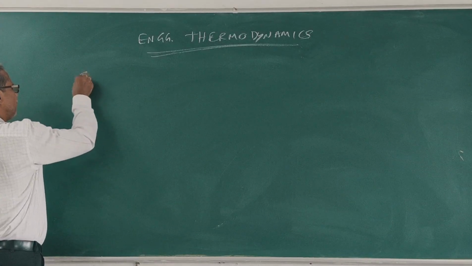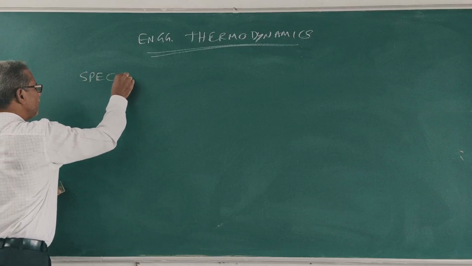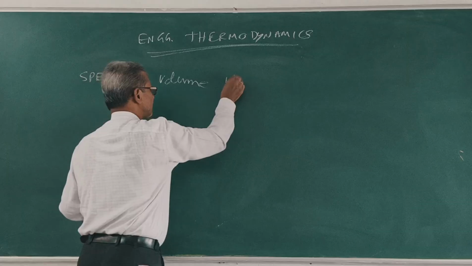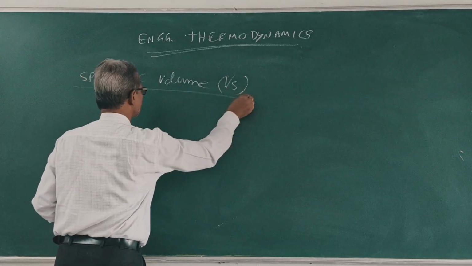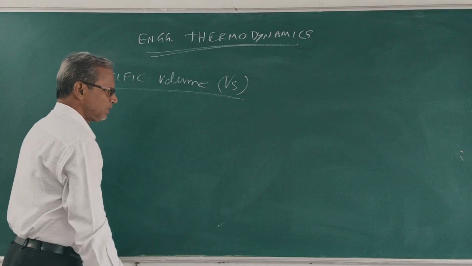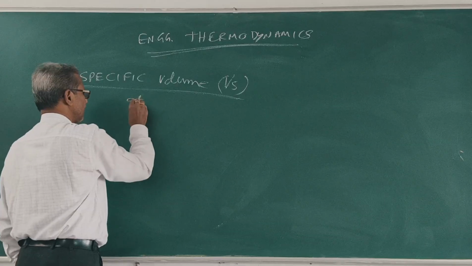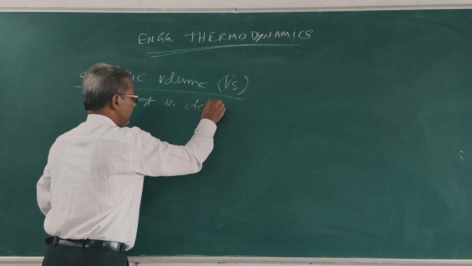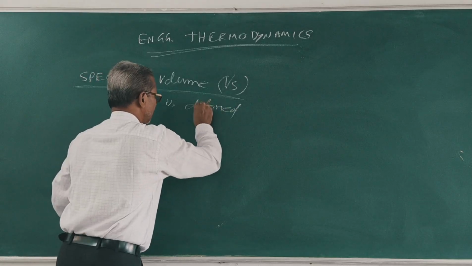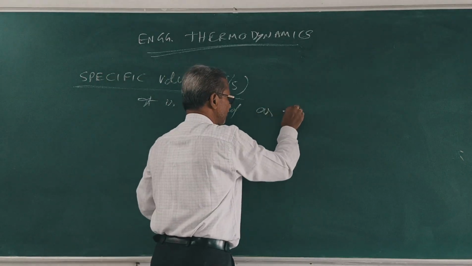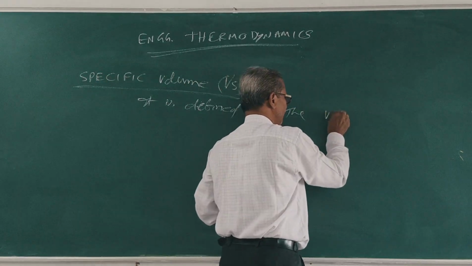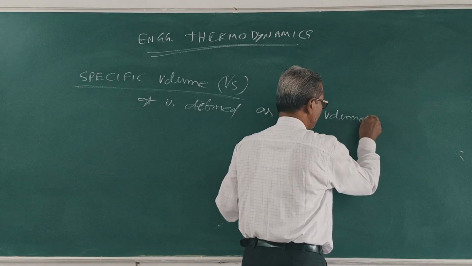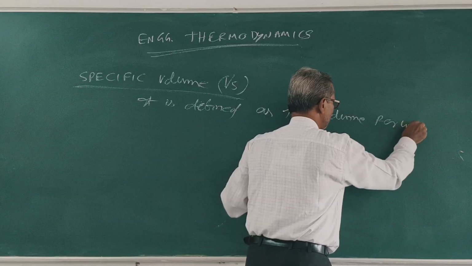Specific volume, Vs. It is defined as the volume of the fluid per unit mass.